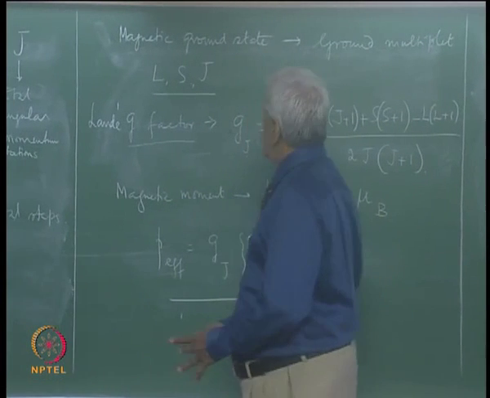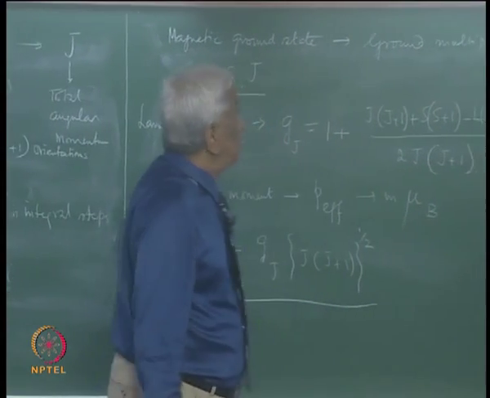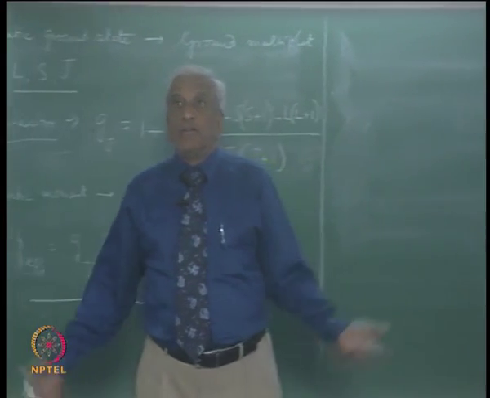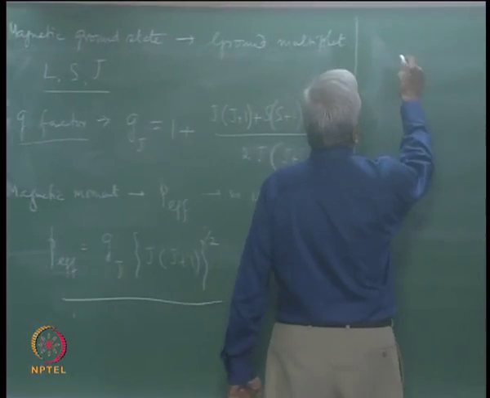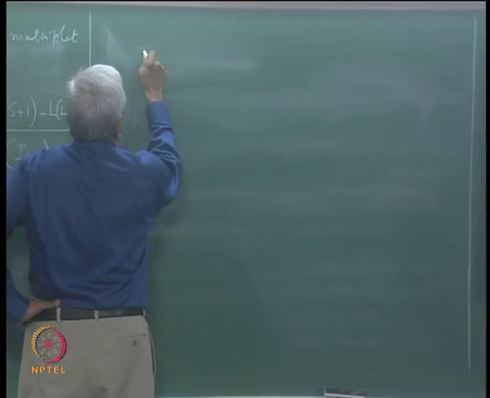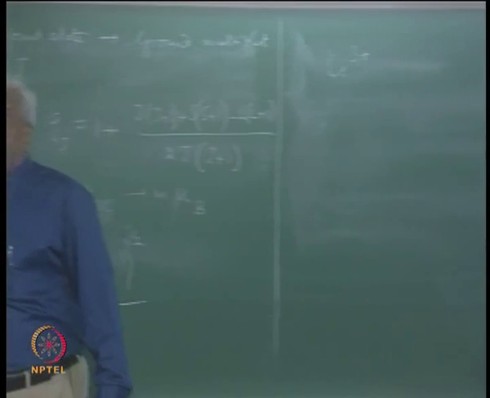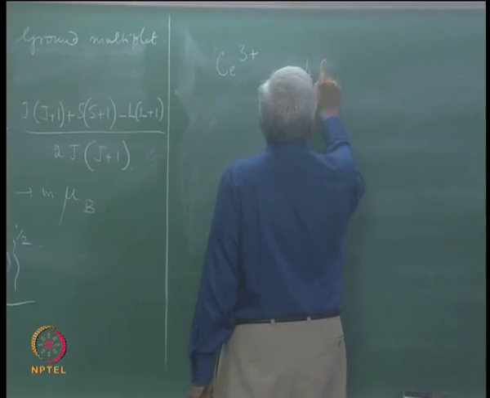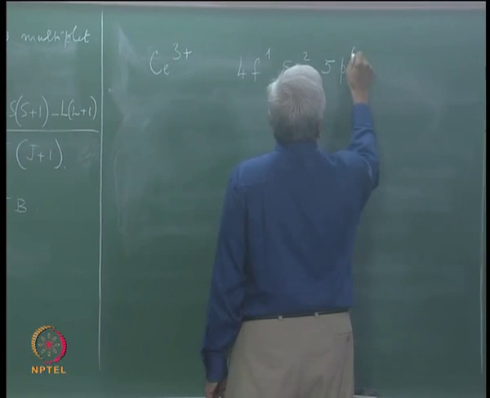Well, if there are no electrons in the 4f shell, there is no magnetic moment obviously, because the shell is not occupied by any electron, and therefore, the unpaired electron is necessary. So, let us start from the first case, the first rare earth ion, which is cerium 3 plus, which has the outer electron configuration of 4f1, 5s2 and 5p6.